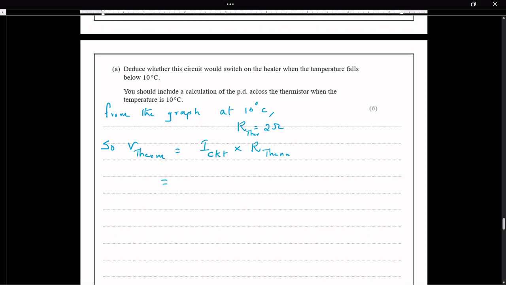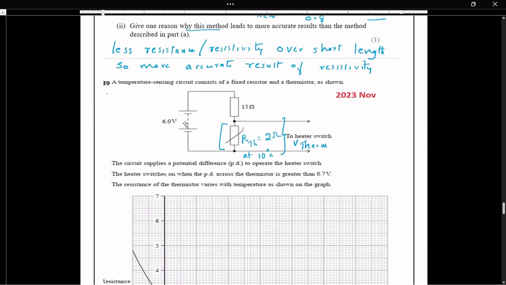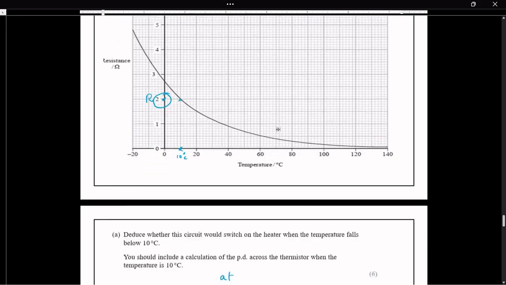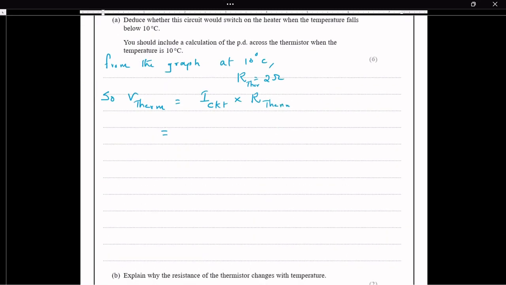Now I circuit is the total voltage over the total resistance, that is 15 plus 2. So the voltage drop is voltage over 15 plus 2 total resistance, times the resistance of the thermistor, which is 2. So let us calculate 12 times 2 over 17. And this will give an answer of 0.7. So this is the thermistor voltage.